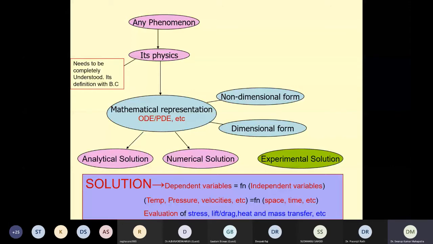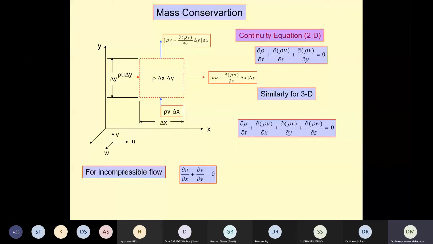So in order to have this, we need an analytical solution, a numerical solution and an experimental solution. All should give the same solution. All should converge to the same. So friends, Professor Vishwas has already told you, when you take mass conservation over a control volume, it leads to a partial differential equation in del x, del y.